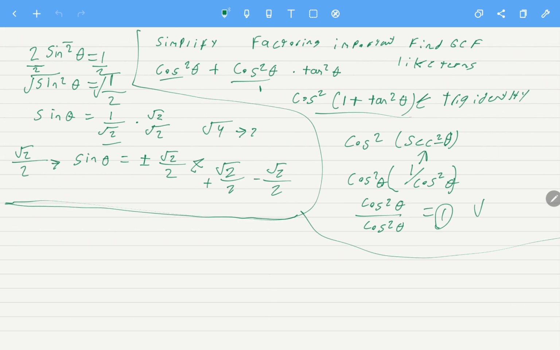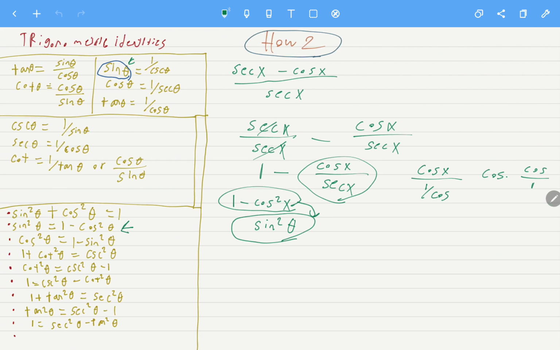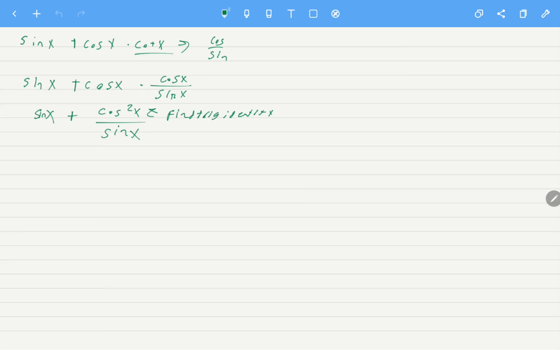Cosine squared is 1 minus sine squared. Actually, we don't even need to find a trig identity for that. Wait, can we just convert this? No, we can't. This is making me question a lot of things. No, you don't need to do that at all.